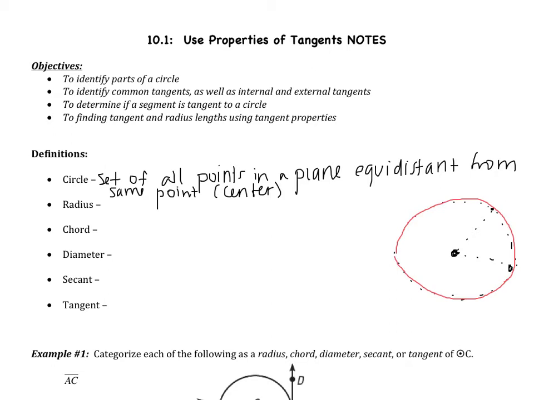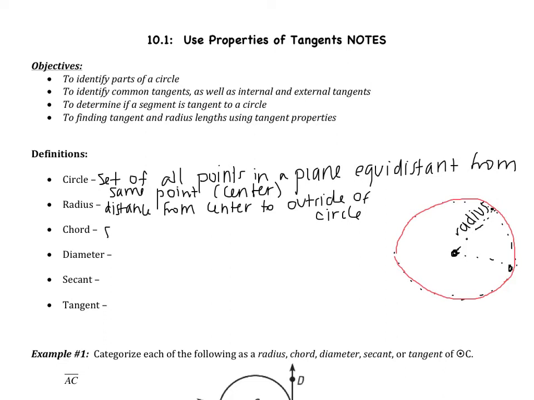And that distance is called the radius. So the radius is the distance from center to outside of circle. So in our example, this right here is the radius. Okay, next one is a chord.